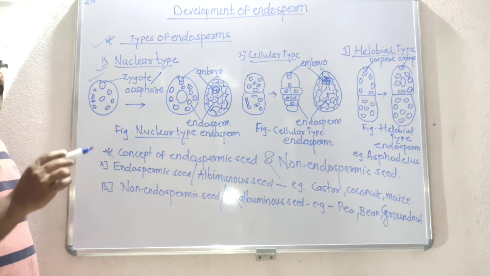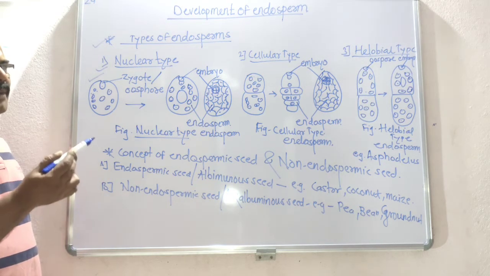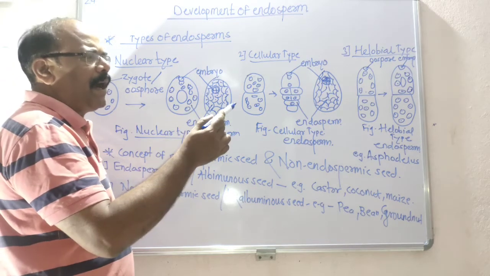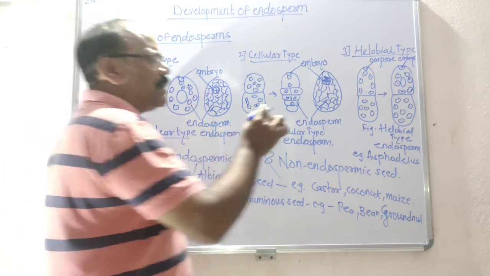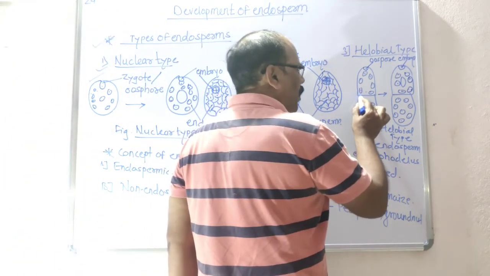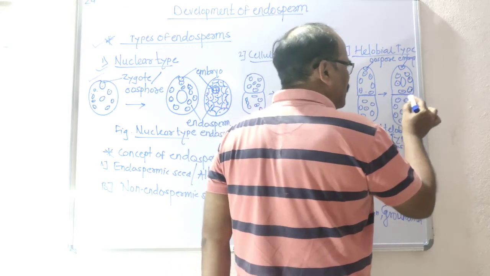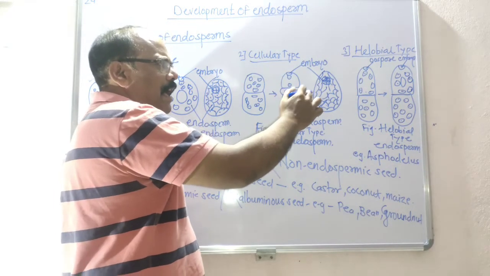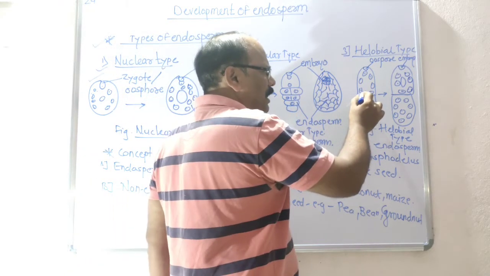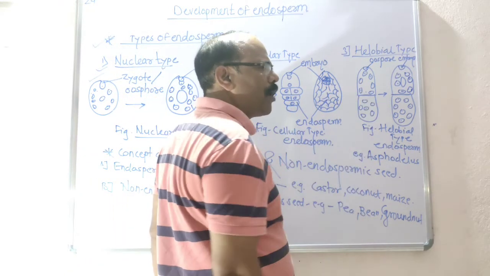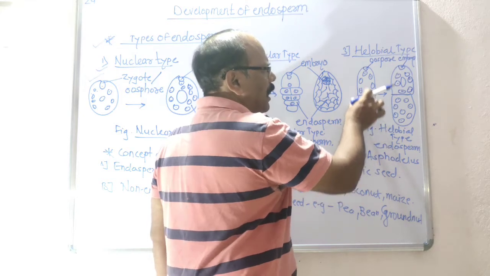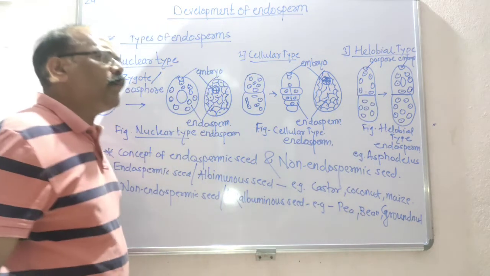Here the triploid primary endosperm nucleus undergoes repeated mitotic division. A transverse cell wall is formed, and due to this two unequal cells are formed. The smaller cell is called the chalazal cell, and the larger cell is called the micropylar cell.